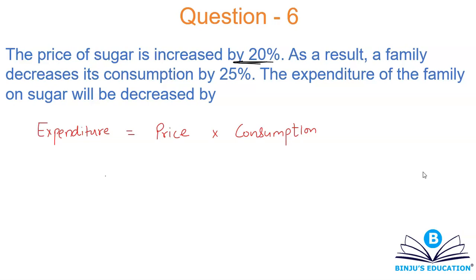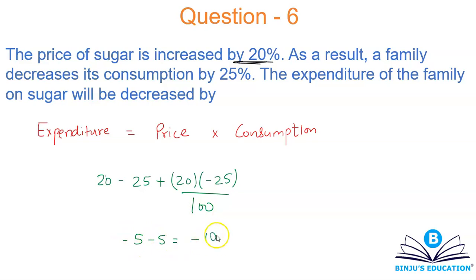You can use the formula for the successive percentage change, and you'll get the net result as 20 minus 25 plus 20 into minus 25 divided by 100. So this is minus 5 minus 5, that is equal to minus 10%. That means the value will decrease by 10%. Whenever two things are multiplied, the percentage changes are successive percentage changes. Remember that.